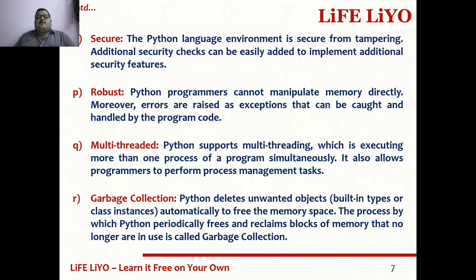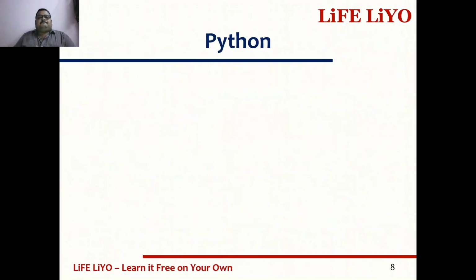That's why Python automatically deletes the unwanted objects. So the unwanted objects are removed from the memory, and that freed memory is allocated for new objects. This is one of the best features in Python, called garbage collection.